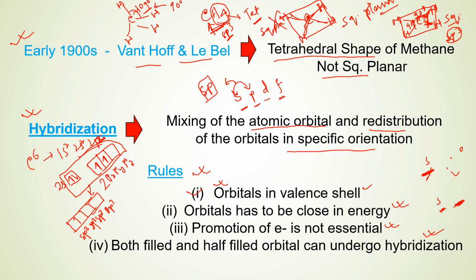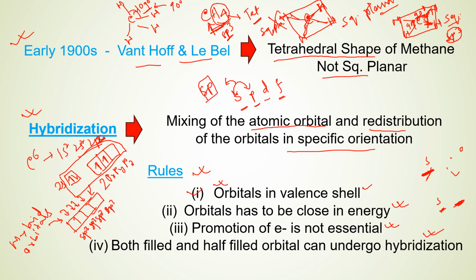One more thing we have to remember: none of these lobes contain the pure form of s or p, neither s nor p. So these 4 lobes are newly redistributed hybrid orbitals. These are called hybrid orbitals, and they are sp3 hybridized due to the mixing of 2s and 2p of the carbon atom.